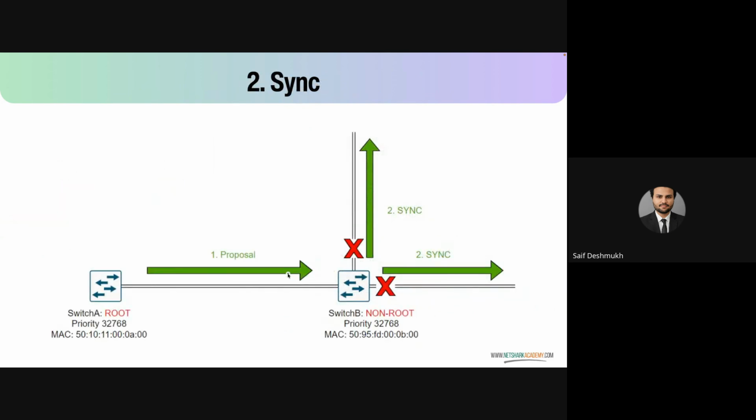Secondly, the sync happens. Now switch B knows, I think I found a root bridge. I'm going to block these interfaces. It's a very short block, with no notice. It blocks the other interfaces. That's what the sync process is.